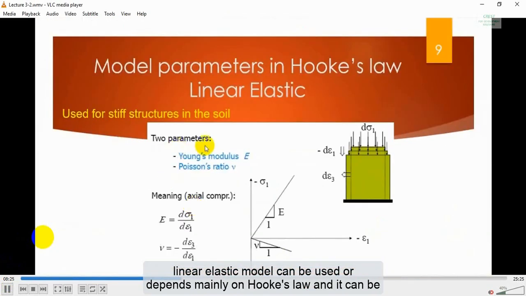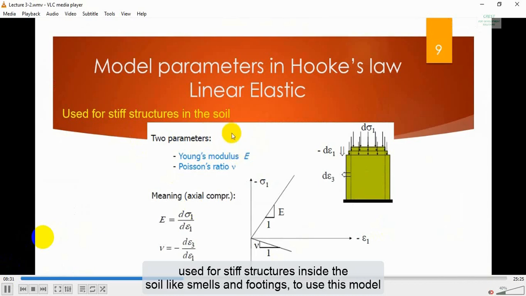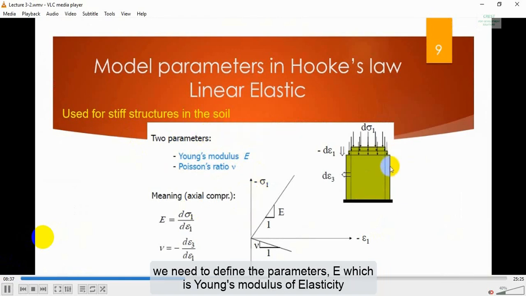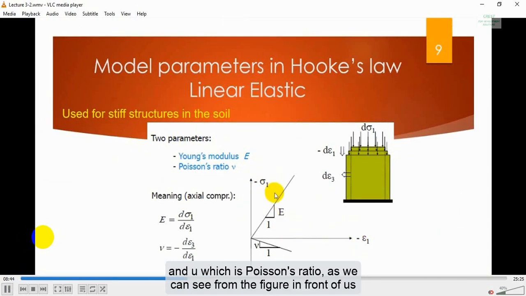The linear elastic model depends mainly on Hooke's law, and it can be used for stiff structures inside the soil like piles and footings. To use this model, we need to define two parameters, E, which is the Young's modulus or modulus of elasticity, and mu, which is the Poisson's ratio.